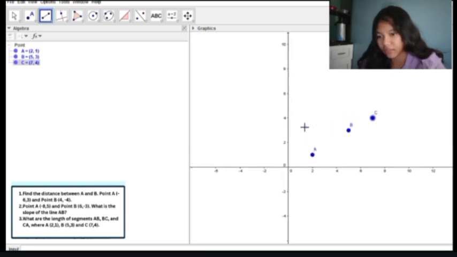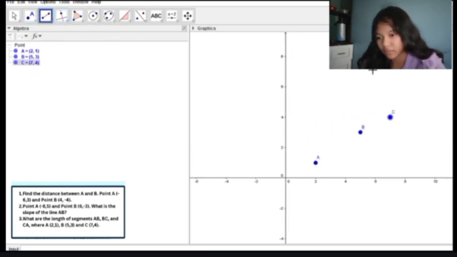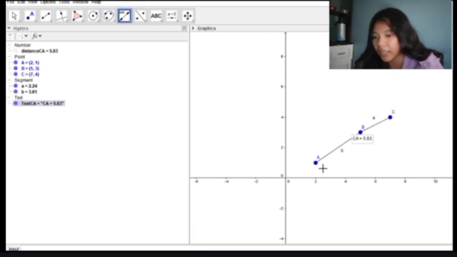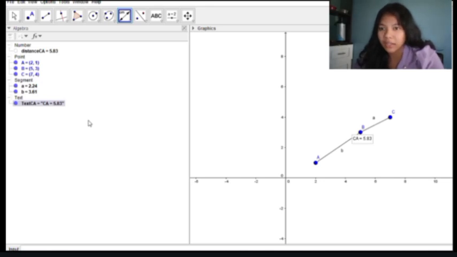So segment, so again we're going to use distance or length. So you can see C to A would be 5.83. That is its length. So how about constructing an equilateral triangle?